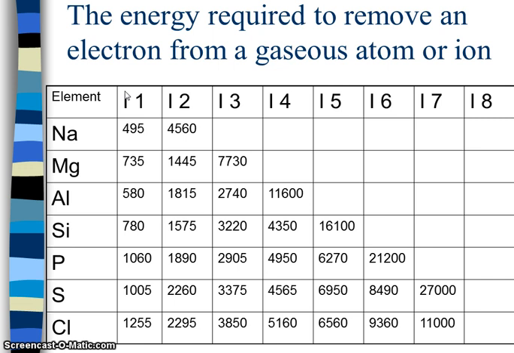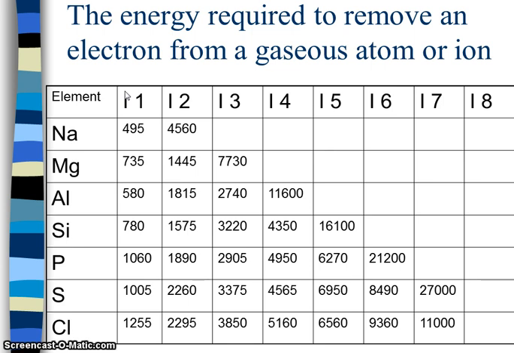Or if we were to look at aluminum, we remove the first, second, and third valence electrons, but when we get to the fourth ionization energy, we're removing a core electron, and notice that big jump in ionization energy.